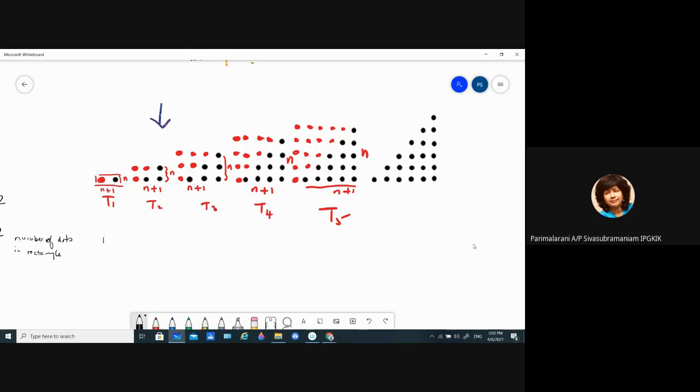For term 1, we have 1 into (1 plus 1), correct? n is 1 here. Term 2, n is 2, so 2 into (2 plus 1), correct? Term 3 is 3 into (3 plus 1). Term 4 is 4 into (4 plus 1). Term 5 is 5 into (5 plus 1). Am I right so far?